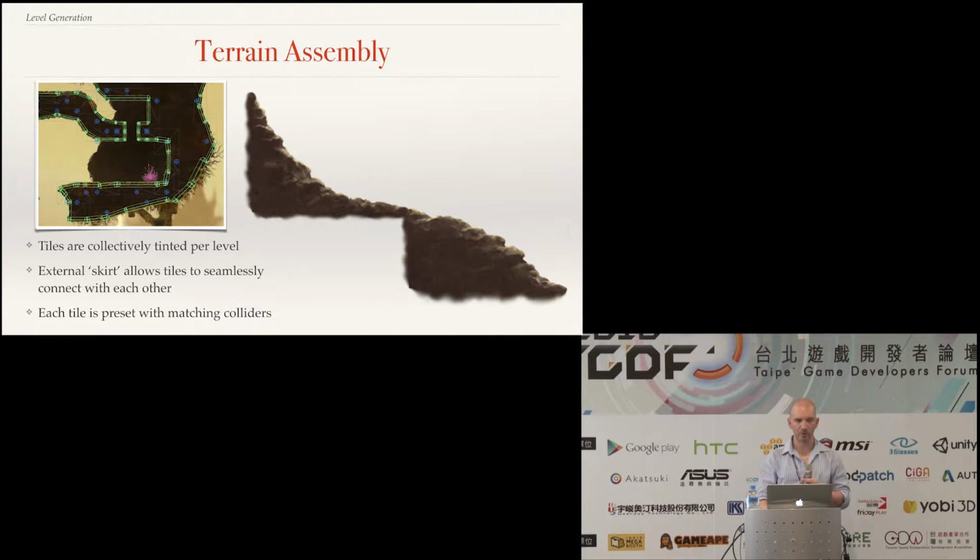So when you connect two pieces together, it will always be seamless. Of course, each one of those tiles is preset with the colliders. You use the magic of prefabs, as we see here.